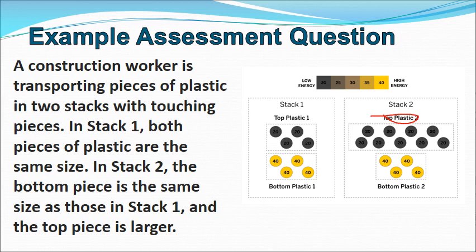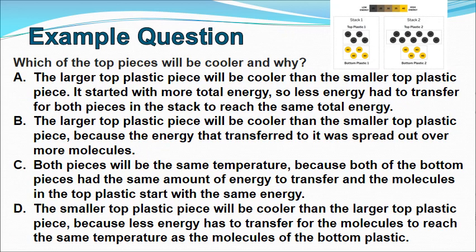So your question is asking, a construction worker is transporting pieces of plastic in 2 stacks. In stack 1, both pieces are the same size. In stack 2, the bottom size is the same as it is in stack 1, but the top piece is larger. Okay, so we should automatically see that energy is going to transfer from the bottom to the top. So which of the top pieces will be cooler and why?